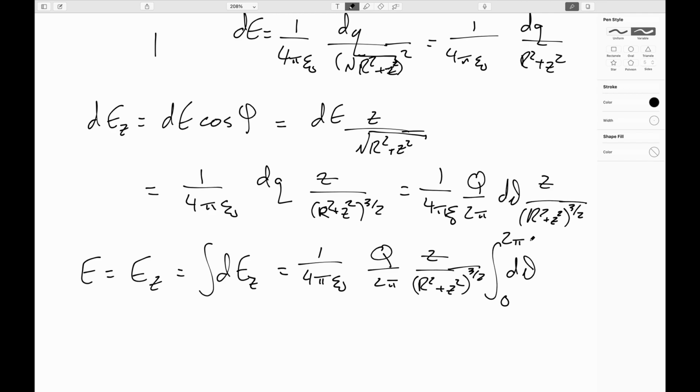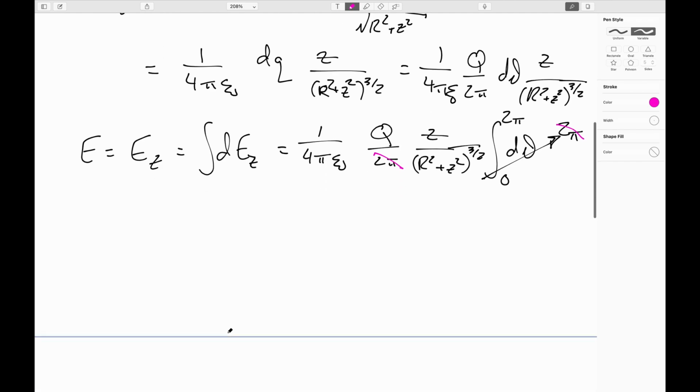Again, this is an integral you can look up in a table, and when you evaluate the limits, it is equal to 2 pi. So that 2 pi will cancel off against that 2 pi there.